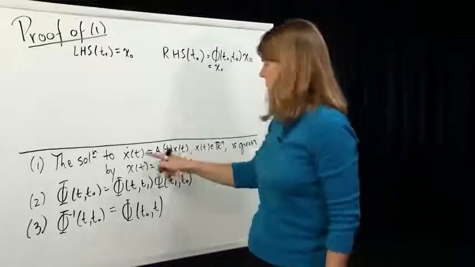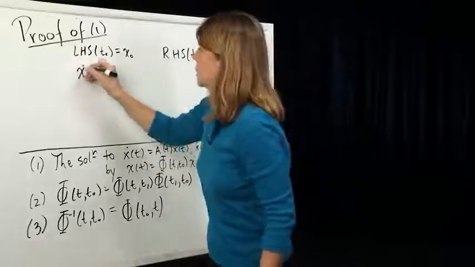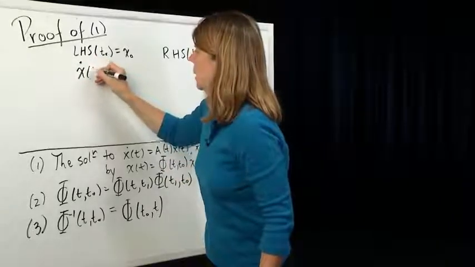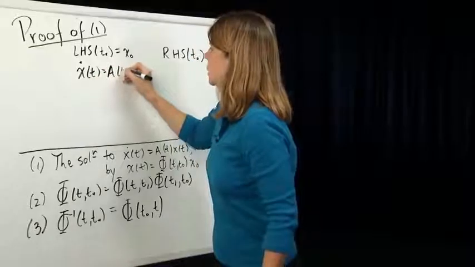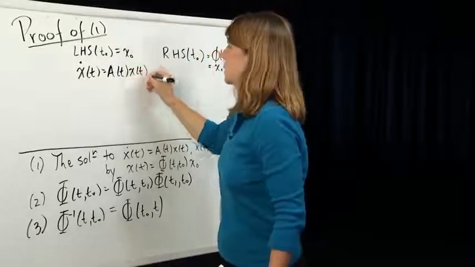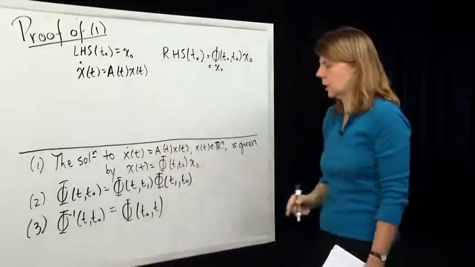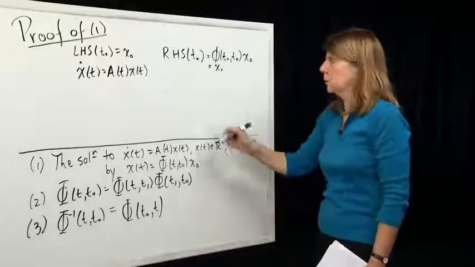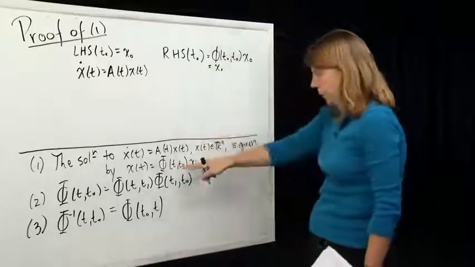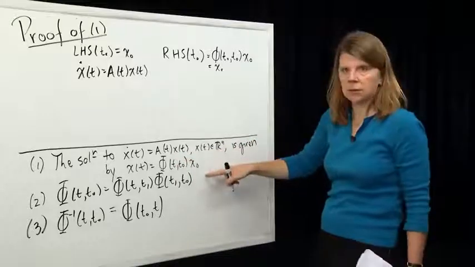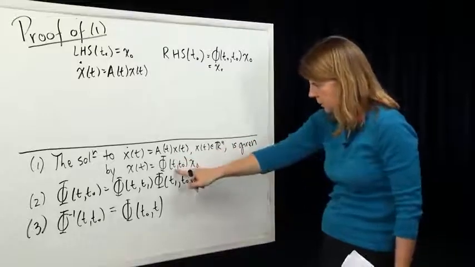And indeed they both satisfy the same differential equation. By definition, x dot is equal to A x, so the left-hand side differential equation is just given by definition because x of t is defined to be the solution to that differential equation. And then on the right-hand side, we just have to take the derivative of that function of time. So here it depends on time.